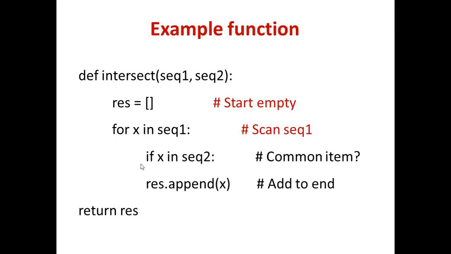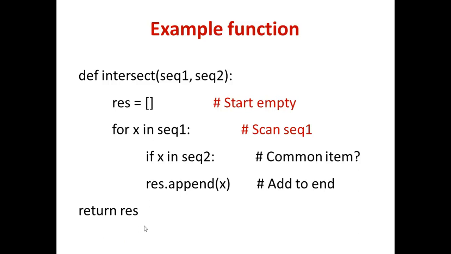That means assume that both are collections: collection 1, collection 2, sequence 1, sequence 2. Under sequence 1, I am checking whether there is any item matching with sequence 2. I am checking for the matching common item, and that has been added at the end. That is why an empty list was created at the beginning, so that now it can be added to.